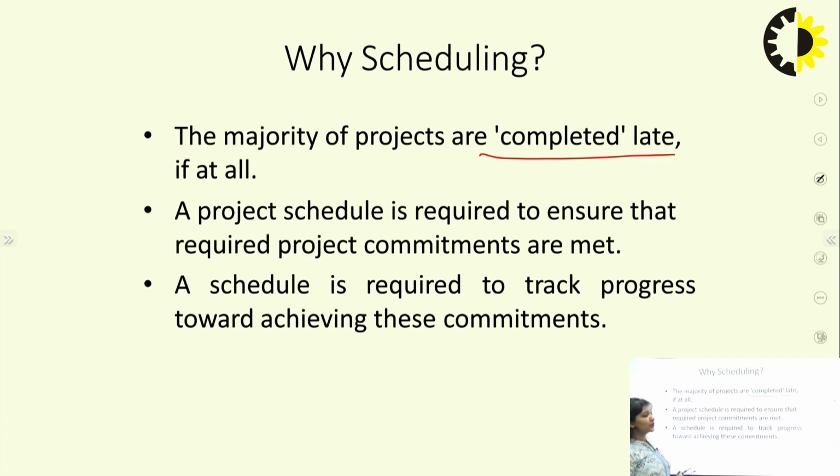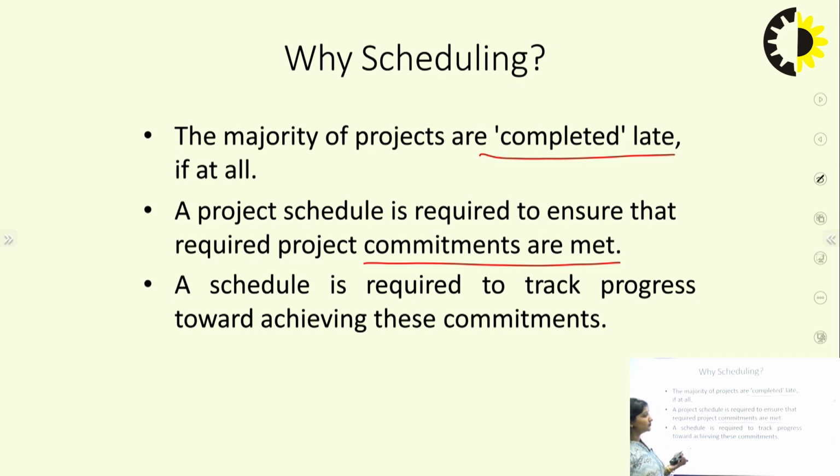Next, a project schedule is required to ensure that the commitments are met. The commitments which were made during the requirement analysis phase, or while we were fetching that particular project, whether all those commitments have been met or not. For that also, scheduling is required.